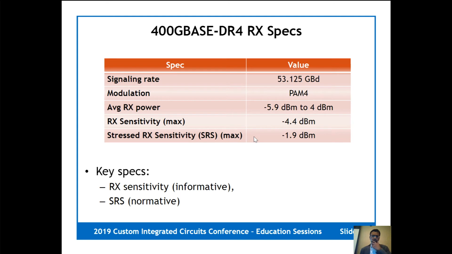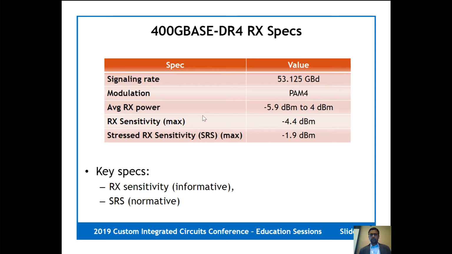Okay, so moving to the receiver side, the key numbers are the receiver sensitivities, of course. If you look at the average power range, this is saying that the receiver needs to tolerate at least 10x, or 10 dB, range in dynamic power. Typically there is some gain adjustment circuitry, and your DC offset compensation circuitry needs to accommodate that.